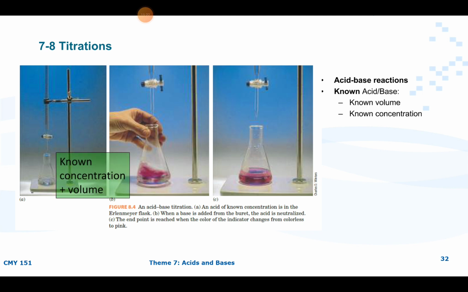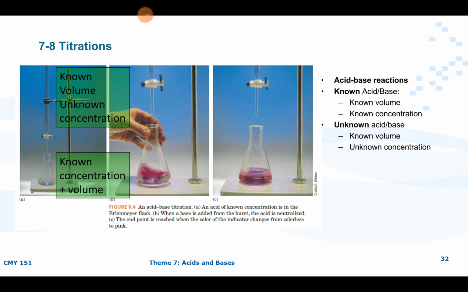So in this case, we have a known concentration and volume of an acid or a base. Then we're going to add something to that, a different one, an acid or a base, and we'll effectively know the exact volume that we add until another observable changes like the pH. So typically we have an acid or a base with known concentration and volume.